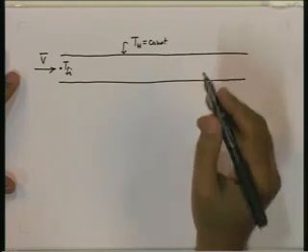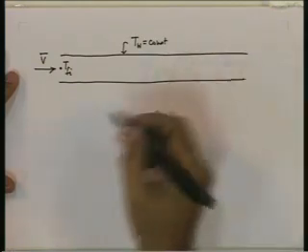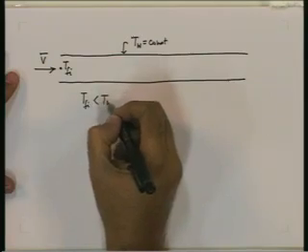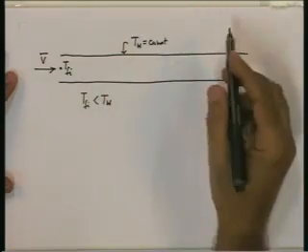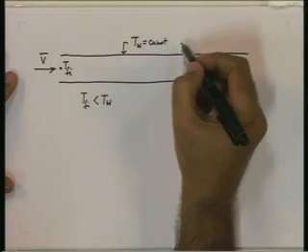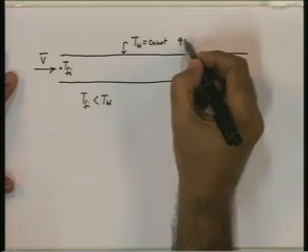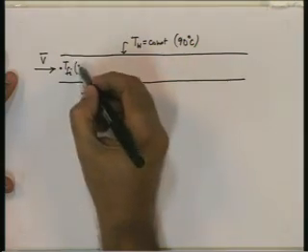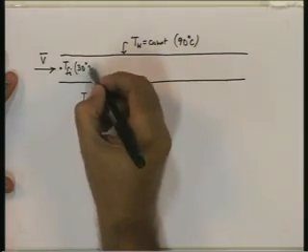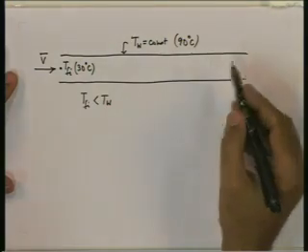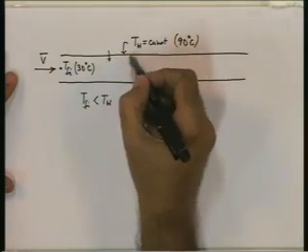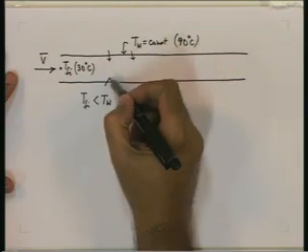And let us assume for the time being that TFI is less than T wall. Let us consider this case. Let us say T wall is something like 90 degrees C and TFI is something like 30 degrees C. What will happen? The wall is warmer than the fluid, so there will be a heat flow from the wall to the fluid.